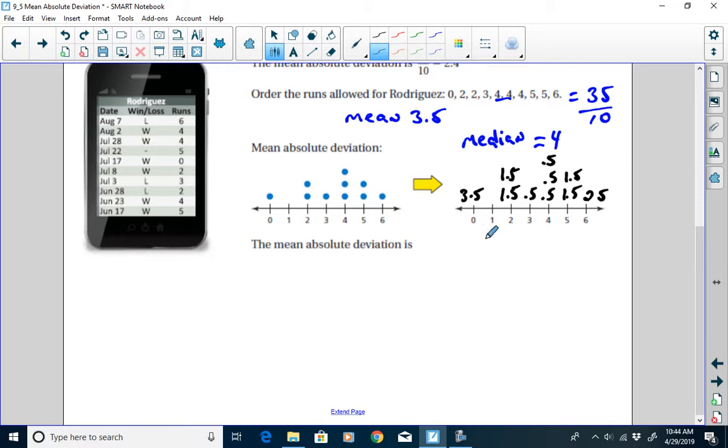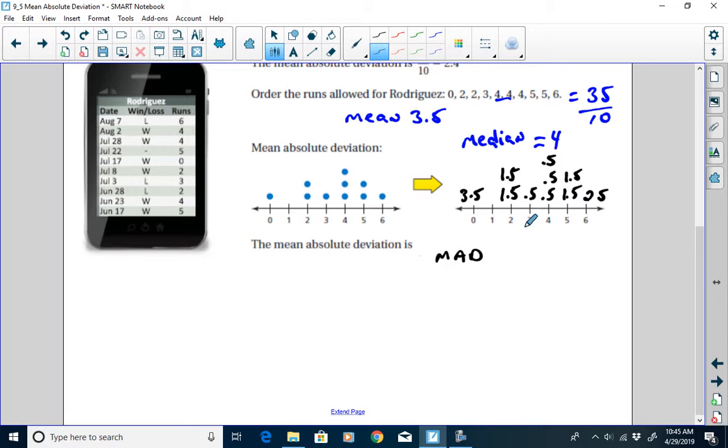Now let's find our mean absolute deviation, our MAD. To find it, we first have to find the sum of those numbers. So we take 3.5, and add 1.5, 1.5, plus 0.5, plus 0.5, plus 0.5, plus 0.5, plus 1.5, plus 1.5, and then plus the 2.5.